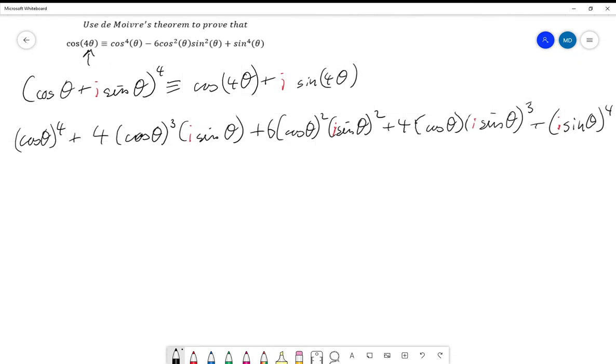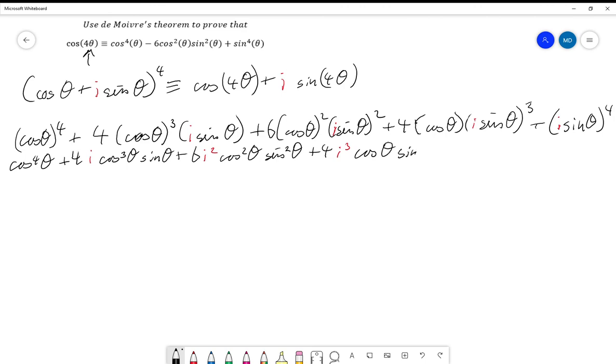Now, let's expand all that out, make it a little bit neater to look at, and we're going to end up with cosine to the power of 4 theta plus 4i cosine cubed theta sine theta, plus 6 lots of i squared cosine squared theta sine squared theta, plus 4 lots of i cubed cosine theta sine cubed theta, plus i to the power of 4 sine to the power of 4 theta.